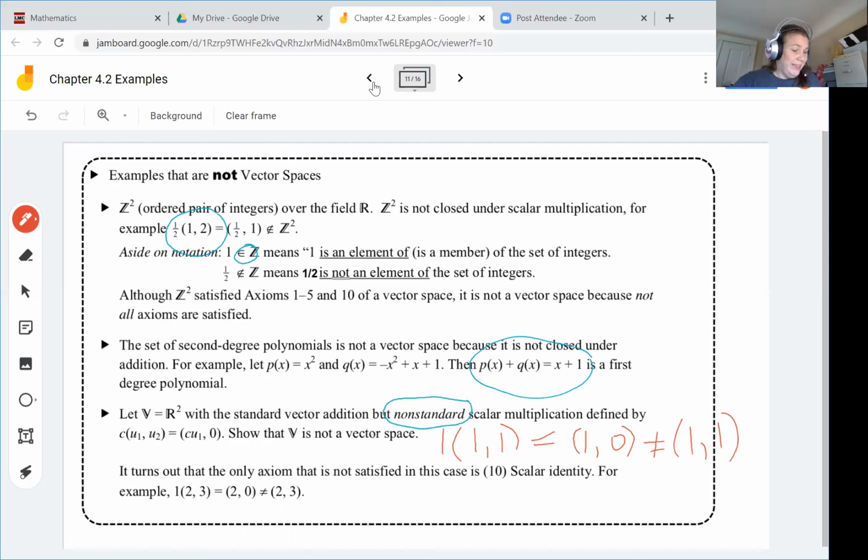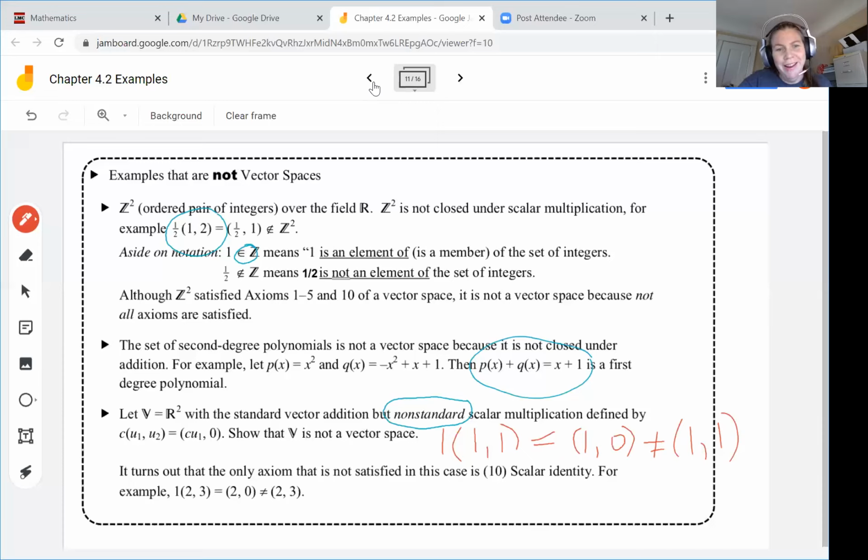So the 10th axiom is not satisfied. We don't have a scalar identity. So we say that this vector set, with the non-standard scalar multiplication, is not a vector space.